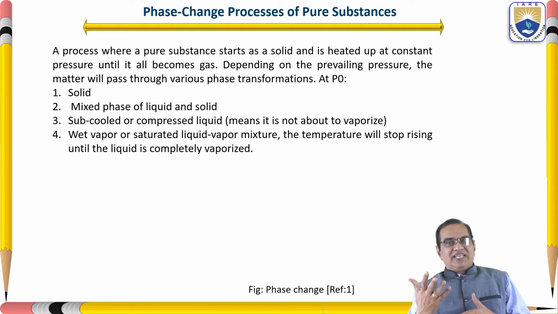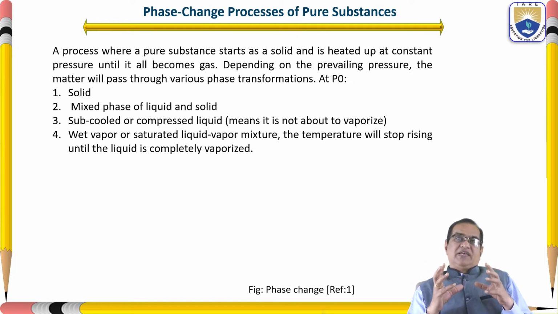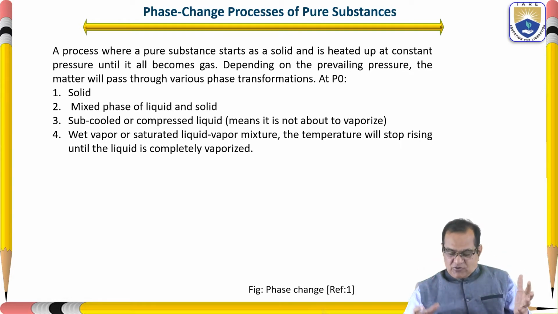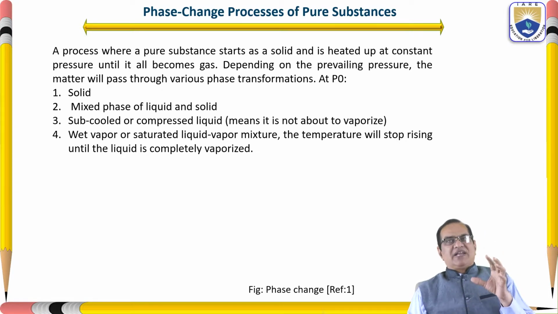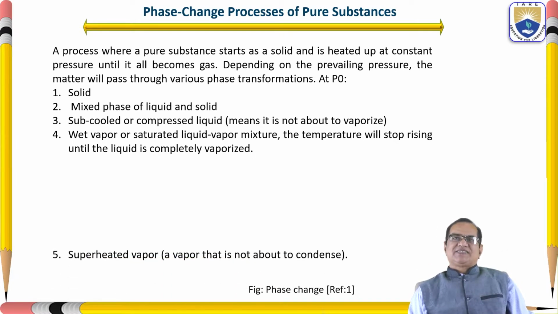If you give further heat, then it may become subcooled or compressed liquid, meaning it is not going to vaporize. Wet vapor is a mixture of liquid and vapor. While making steam in the boiler, we get a condition like this.